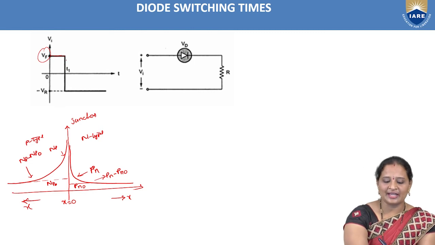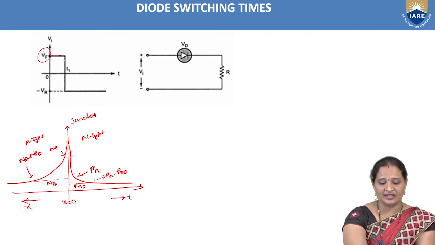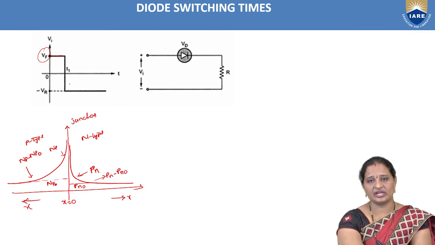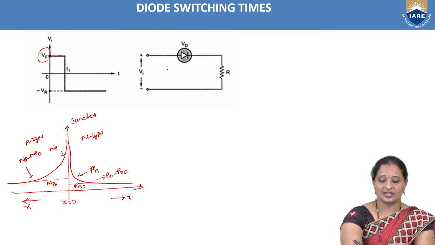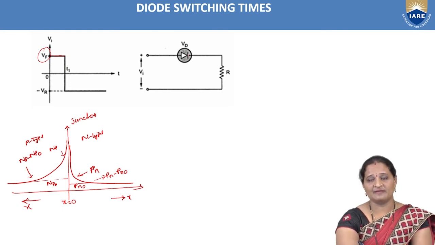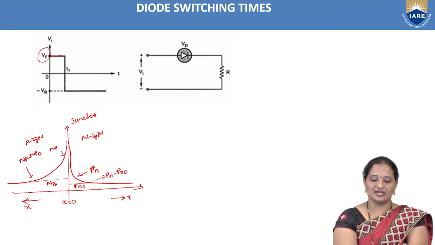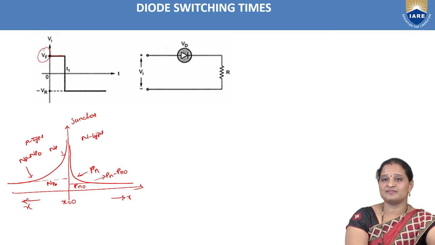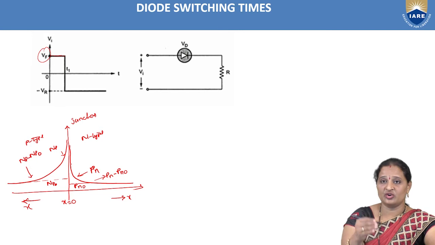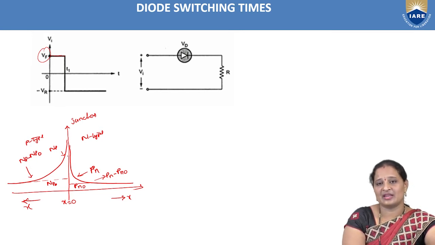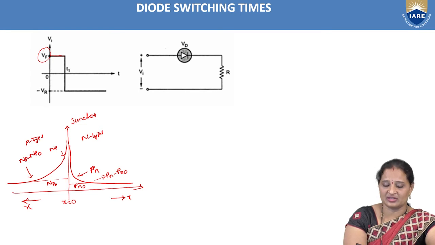Here at time t1, suddenly the voltage is dropped to minus VR, and hence the diode has to become reverse biased. But as we have excess minority charge carrier concentration, in order to make the diode reverse biased, we need to remove the excess minority charge carrier concentration near the junction.